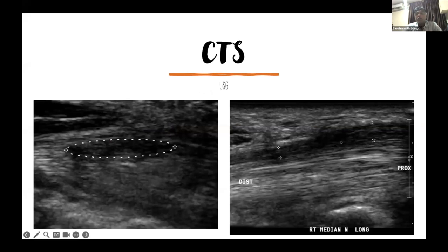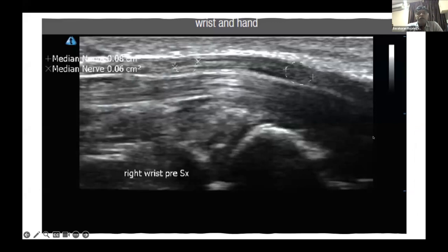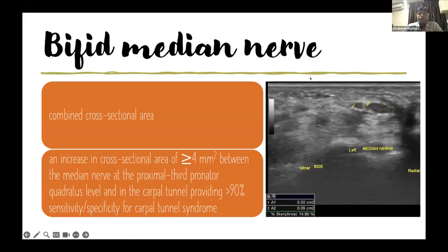I don't even need to measure here, but you could see evidently the compression is here and the nerve is narrow here. This is a narrowed nerve, and this is the widened nerve. Again, a narrow nerve and a widened nerve. This is how you evaluate this particular ratio.